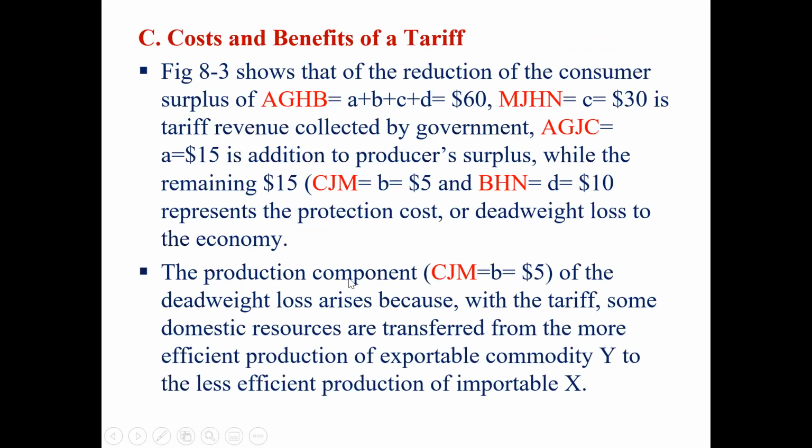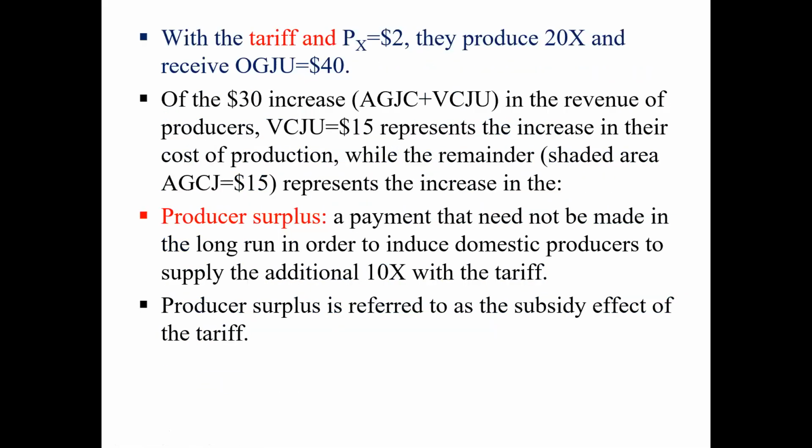Producers will be willing to supply this commodity at the previous, lower price in the long run, but in the short run, for a producer which is less efficient in the production of this commodity to supply it, the price has to be increased artificially with the tax, so the producer will then supply this commodity and producer surplus has increased. Producer surplus is referred to as the subsidy effect of the tariff.